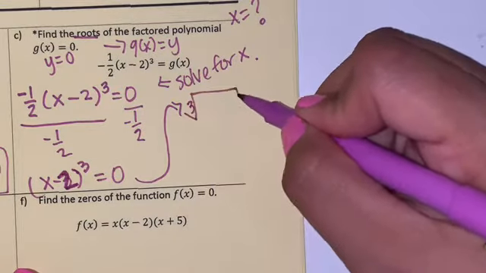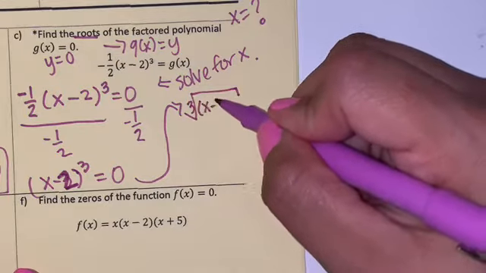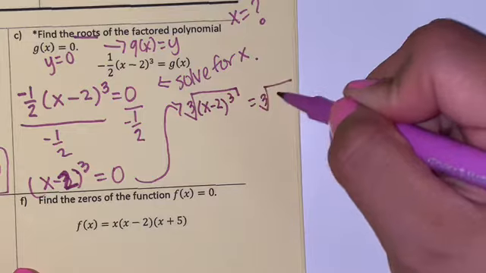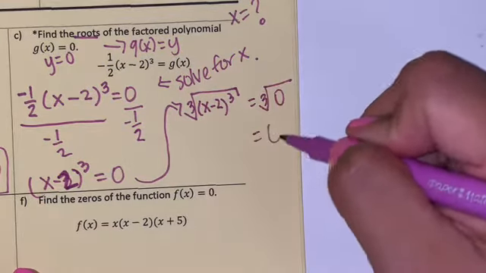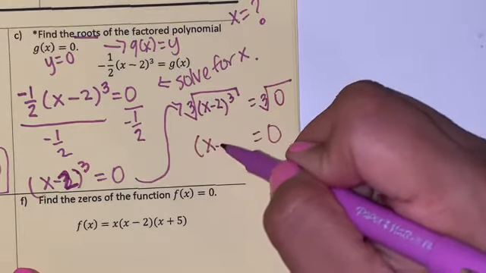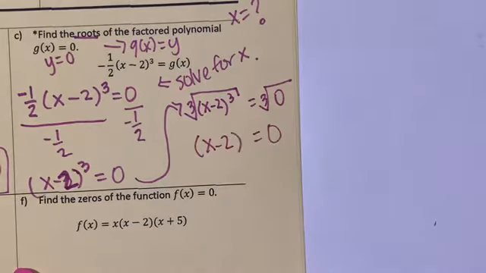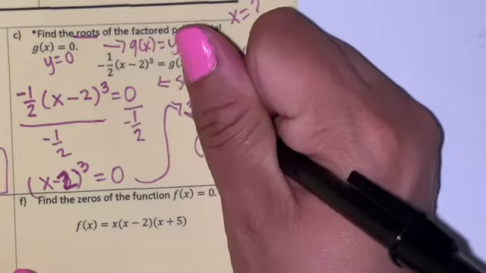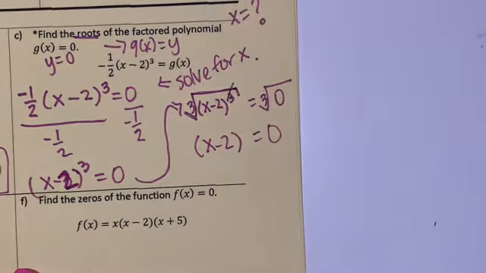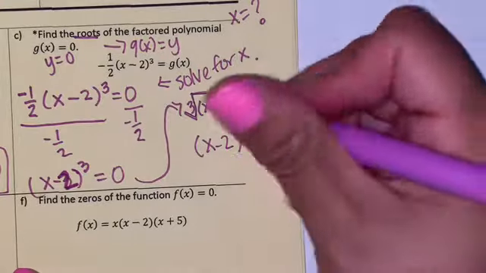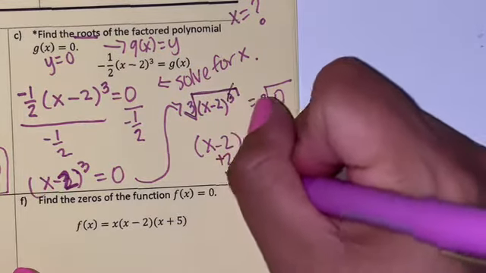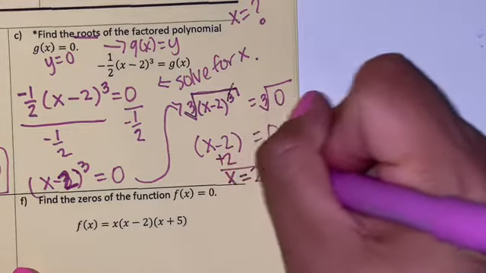The cube root of x minus 2 to the third, the cube root of 0 equals 0. X minus 2. So basically the cube root cancels out that cube. So we're going to say plus 2, plus 2, x equals 2.